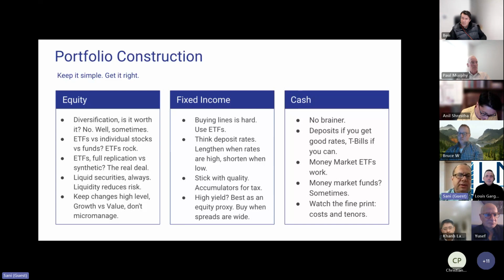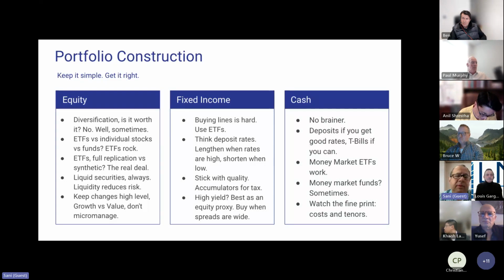Yeah, that's true. That's sort of the last point. So I'll jump there right away, which is, keep your changes to your investments high level. So as Louis just said, you may want to express a view on tech versus auto versus healthcare versus consumer. There are ETFs that can do that as well. And so I would keep all those decisions very high level and keep it very simple.